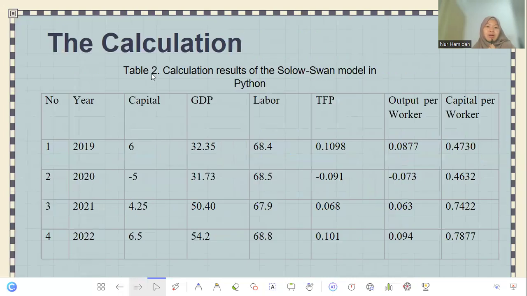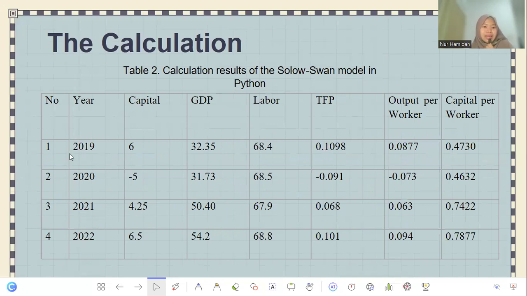So for the result of calculation, we have Table 2, the calculation result of the Solow-Swan model, and we have total factor production, or technology progress.